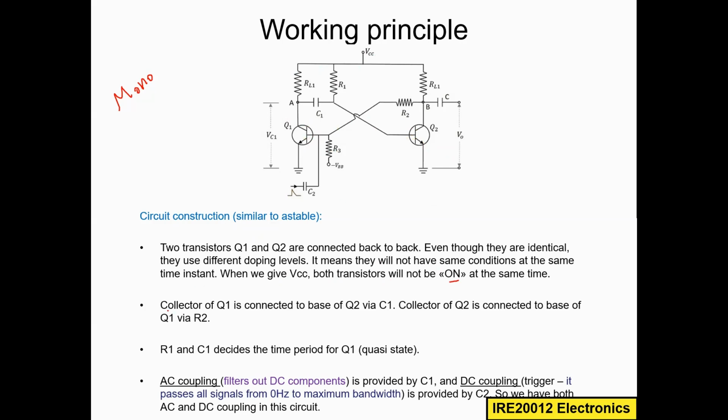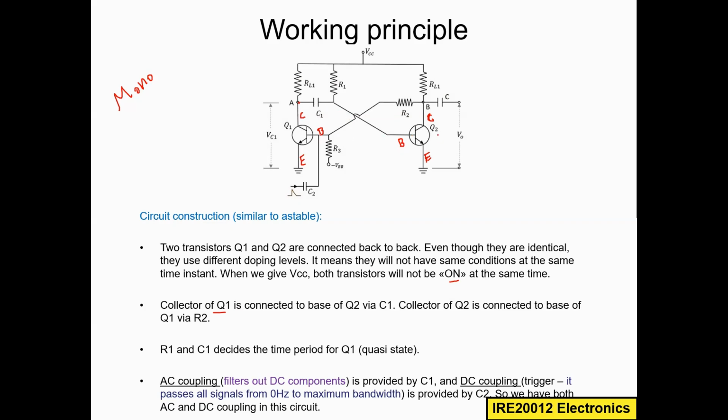Q1 is here. This is the collector, this is the emitter, and this is the base. And here also the same: base, collector, and emitter terminals. The collector of Q1 is connected to the base of Q2.